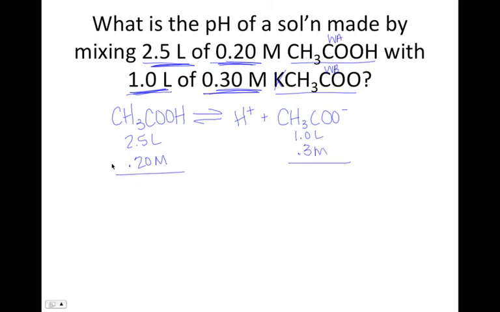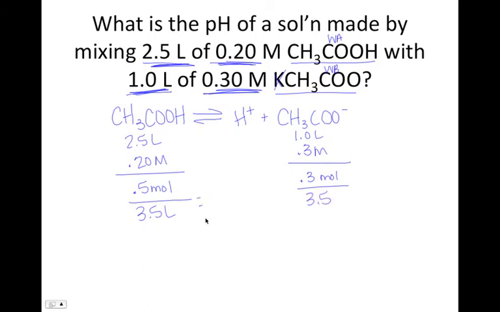So figure out how many moles this is. This first one works out to 0.5 moles, and this one, 1 liter, of course, works out to 0.3 moles. And now we need to divide by our new volume, which is 3.5, to find our new concentration.